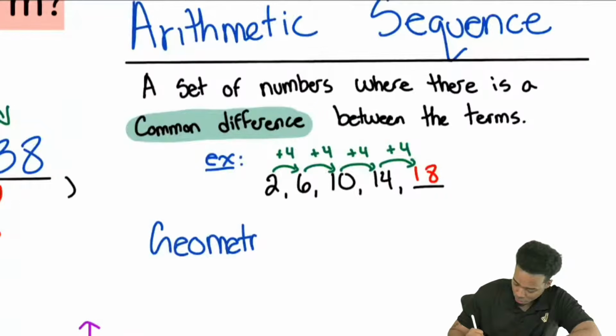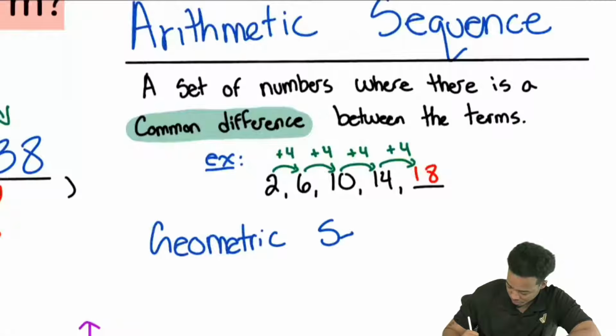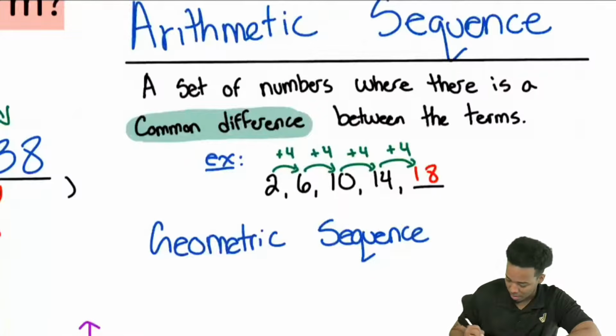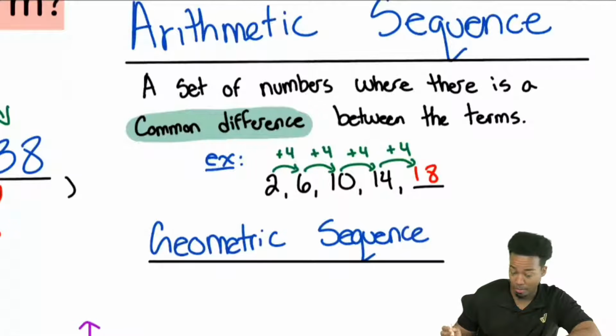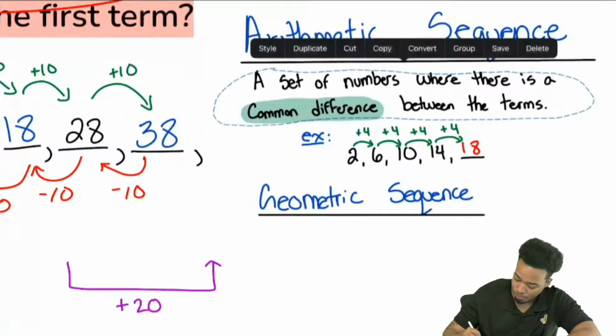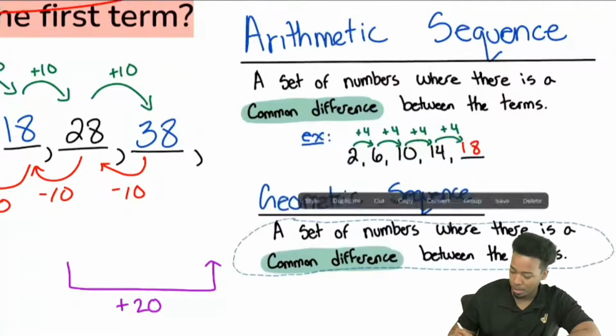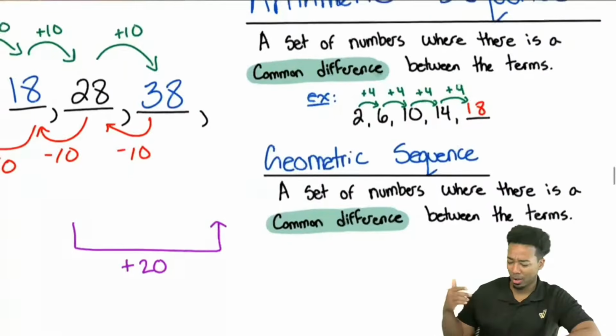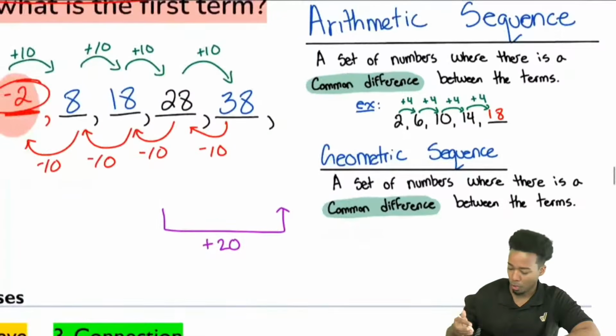Again, this is only for your benefit here. Not going to be a problem that we're doing today, but this is going to be very, very important for you to know. So a geometric sequence, again, a set of numbers that has a common, not difference, but a common ratio. And all a ratio means is a number that's being multiplied or divided over and over or consistently throughout.